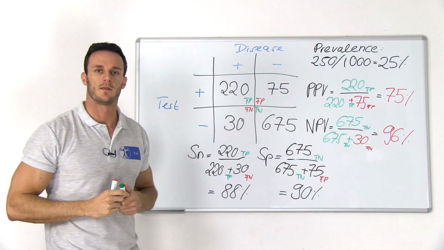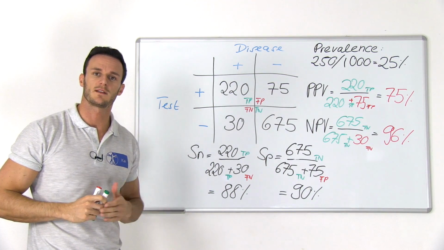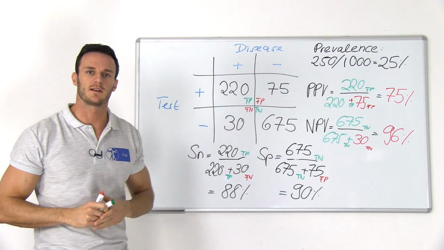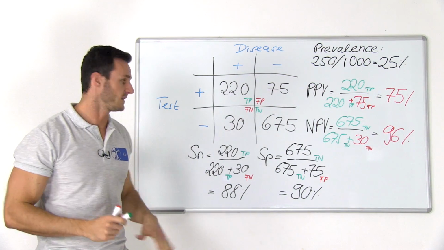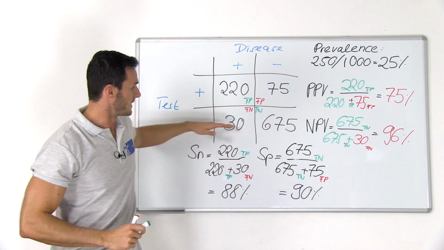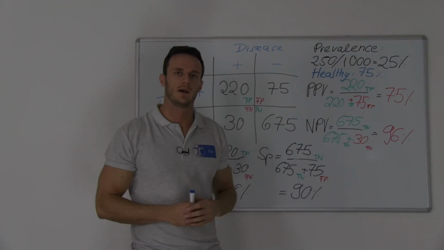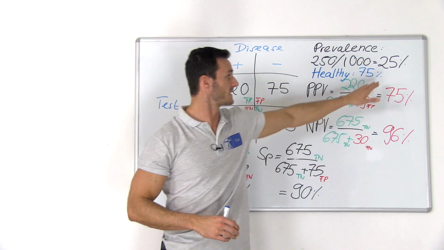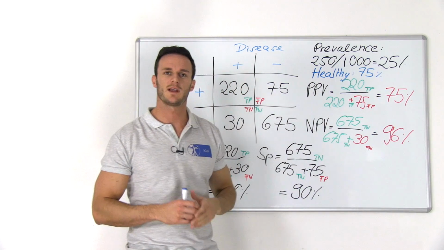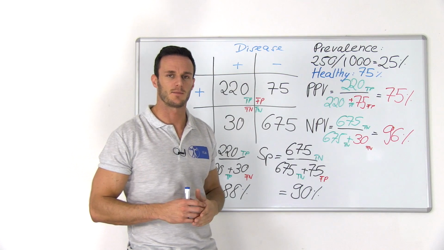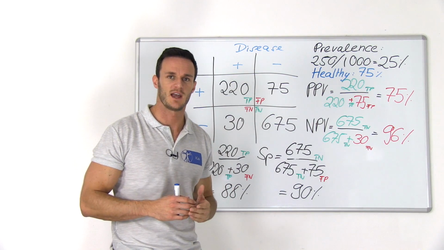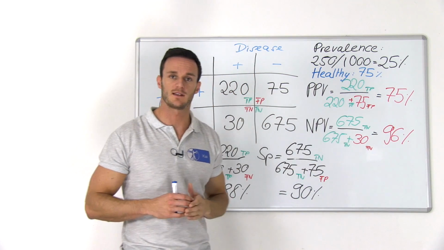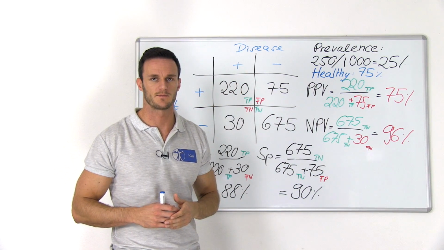It's good to remember that you calculate the positive predictive value from the first row, and the negative predictive value is always calculated by the use of values from the second row. So if we go back to our prevalence of 25% that we calculated earlier, we can now say that the chances that a patient actually has the disease increased from 25% to 75% with a positive test outcome.